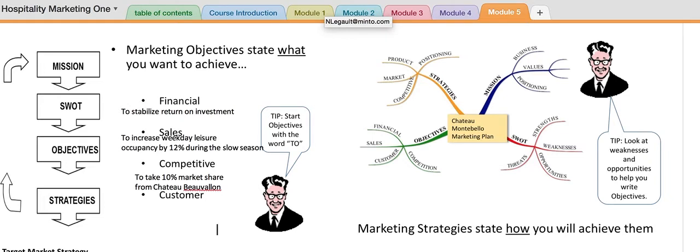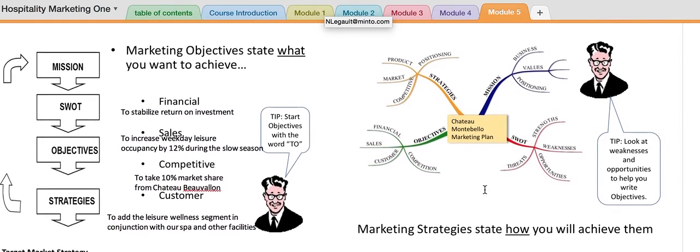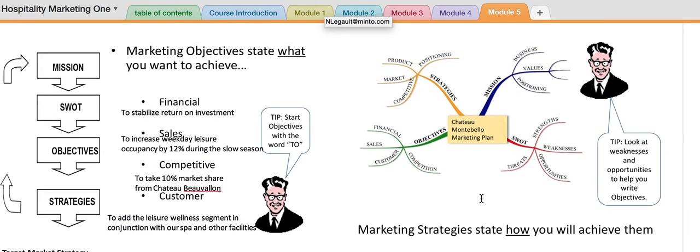Now, customer objective. This one is easy. I'm going to add a simple one here to add leisure wellness segment in conjunction with other spa facilities and services. And it's not a very measurable objective, so I don't like the way that I worded that particularly there.